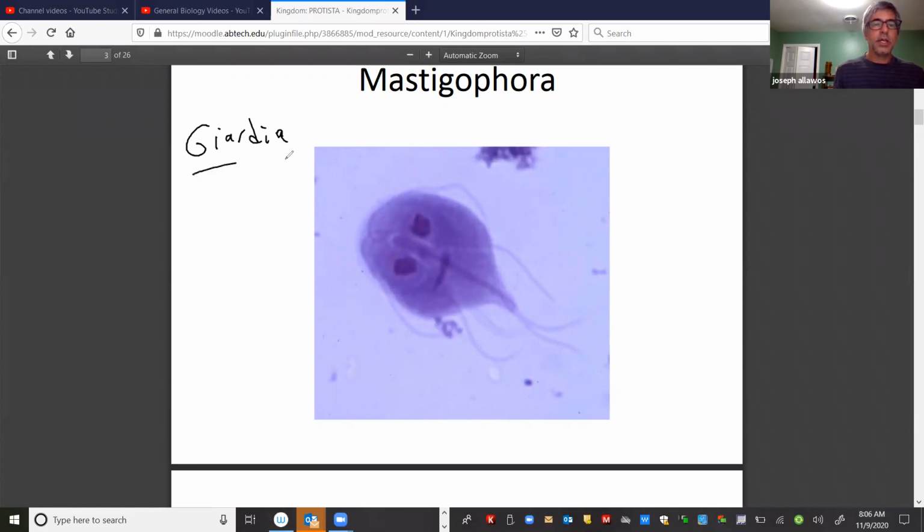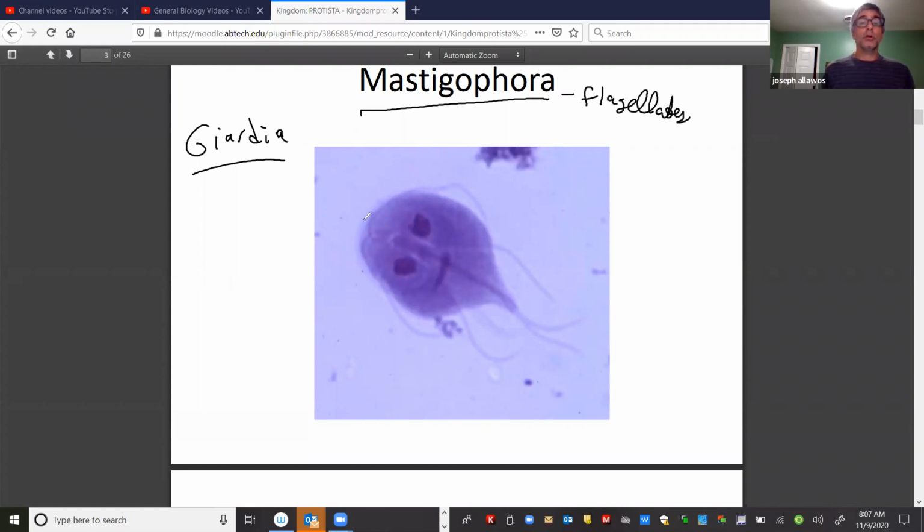Giardia is the genus. And just to be clear, on the test, you don't need to know genus names. You just need to know the taxonomy on the sheet. So really what you need to know about the Mastigophora is that they're the flagellates, right? That's the big message here.